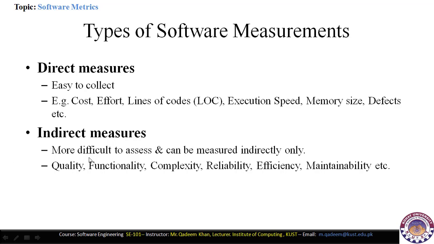So it includes different qualities: functionality, complexity, reliability, efficiency, and maintainability. This measurement requires a lot of time, and these are very difficult to assess, because complexity, functionality, quality, and similarly efficiency, maintainability and reliability can be measured indirectly only. We cannot measure them directly.